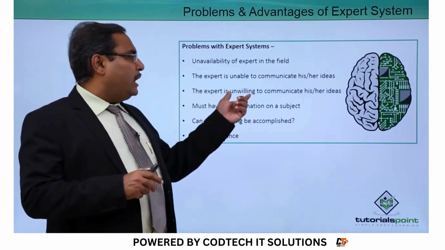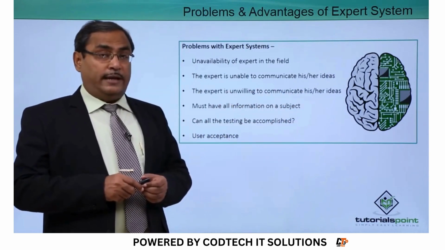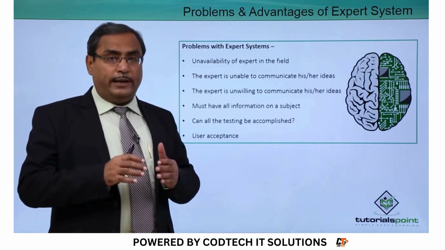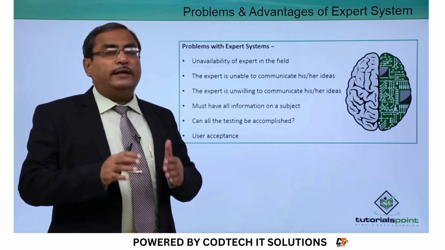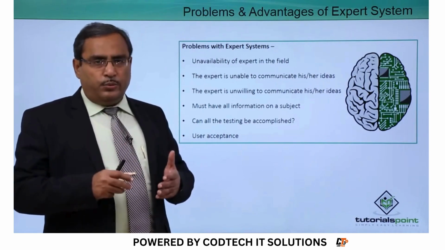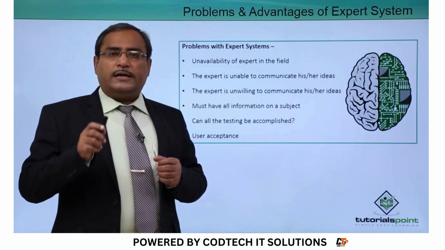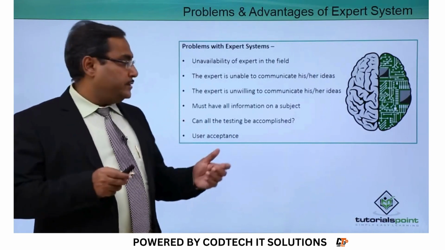The expert is unwilling to communicate his or her ideas. The expert system is not in that respective phase so that it can communicate with the user with respect to the ideas he or she has shared.